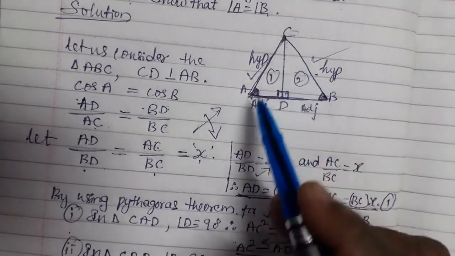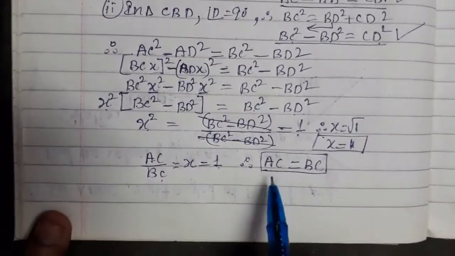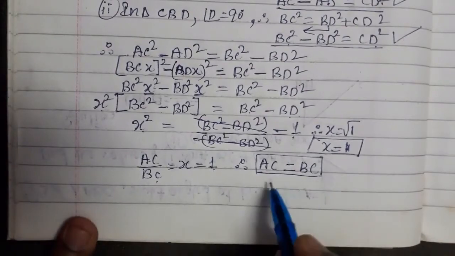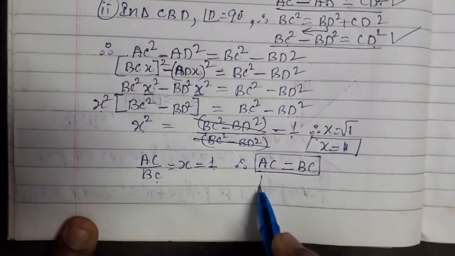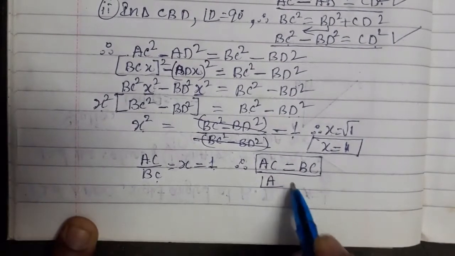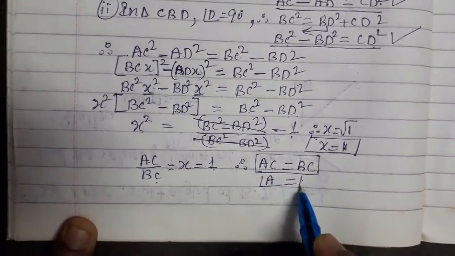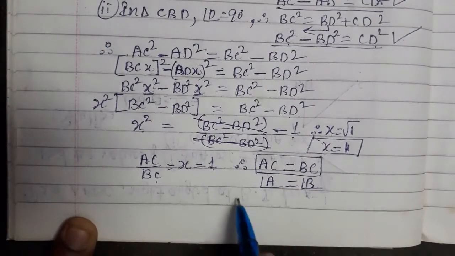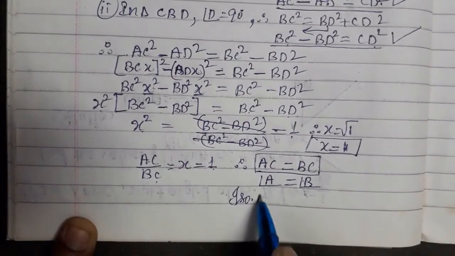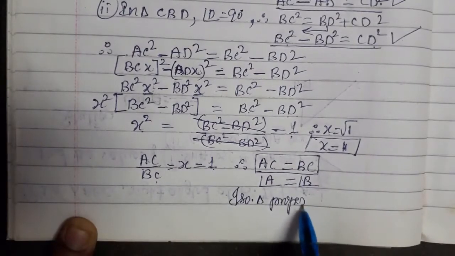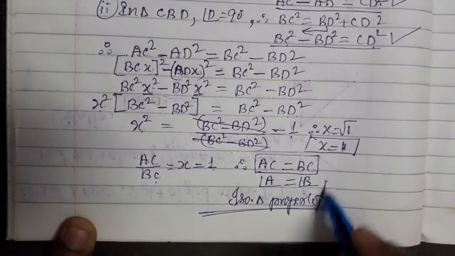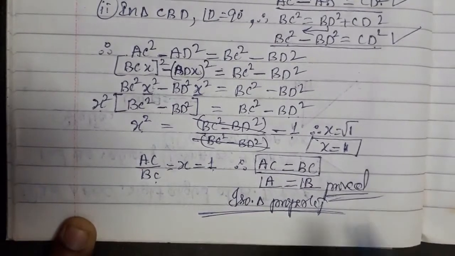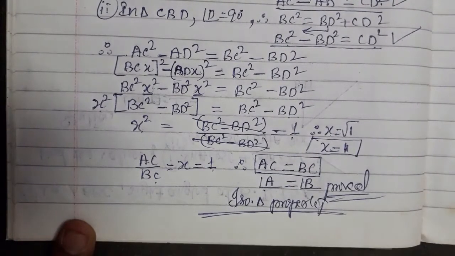What is the meaning? ABC is an isosceles triangle. When AC is equal to BC, the angle opposite to BC, that is A, and the angle opposite to AC, that is B, are equal to one another. By using the isosceles triangle property, we have proved angle A is equal to angle B.